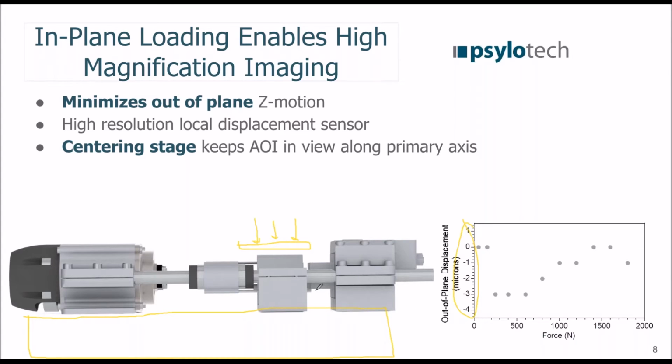You see a lot of other load frames that have dual moving crossheads. You can center only the center of the specimen, but with our secondary X stage, which travels below it, you're able to center any arbitrary point, including bending specimens.